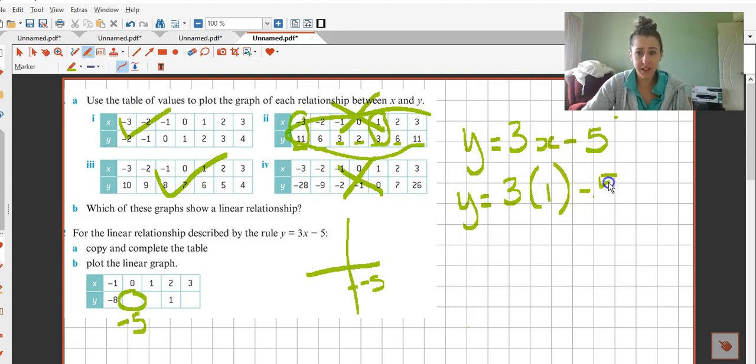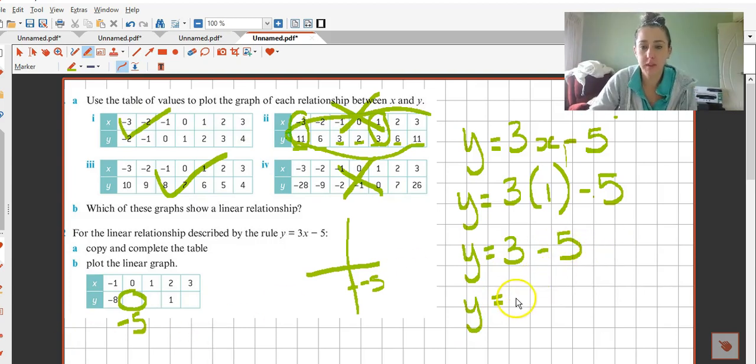So we're substituting the 1 into our x, and we just work through and solve it. y equals 3 times 1, which is 3, minus 5. So y is equal to 3 take 5, which is negative 2. So we just plug a negative 2 into this spot.